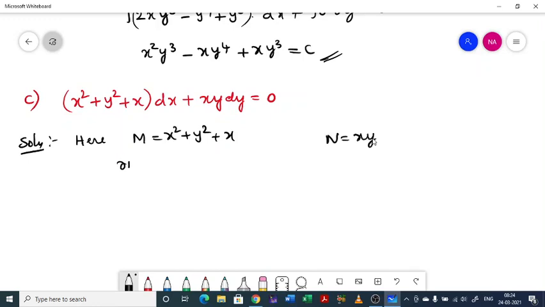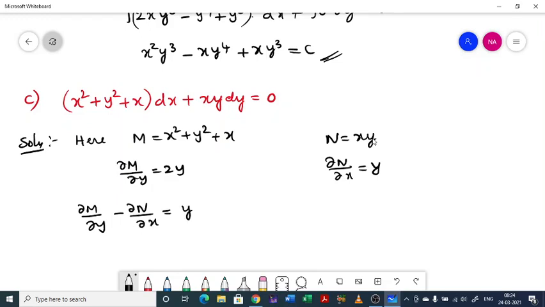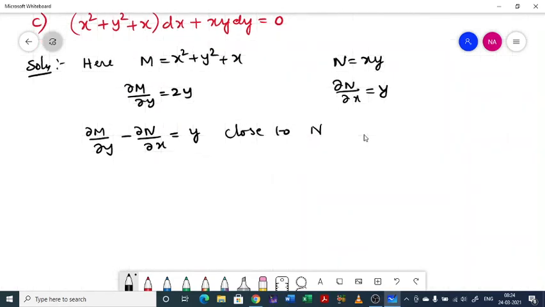∂M/∂y equal to 2y and ∂N/∂x equal to y. Now if you take the difference, ∂M/∂y minus ∂N/∂x is equal to 2y minus y, you get y. So obviously it is close to N. So I have to consider 1 by N into the difference.